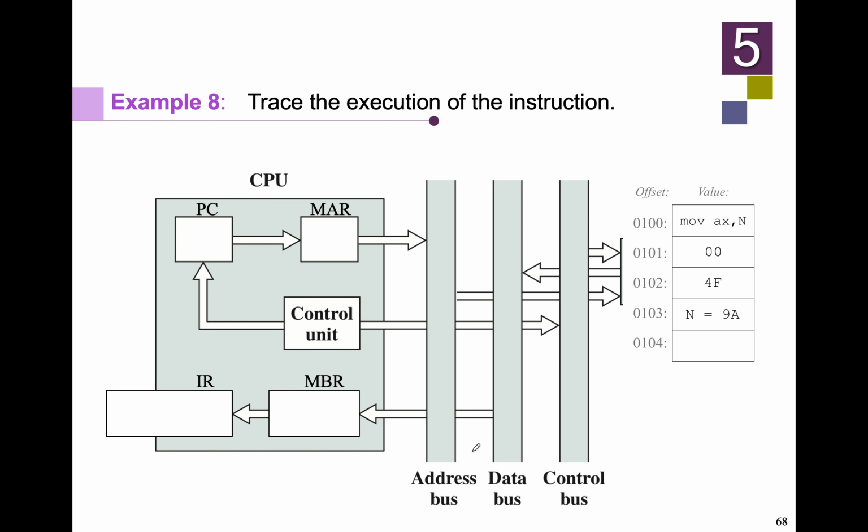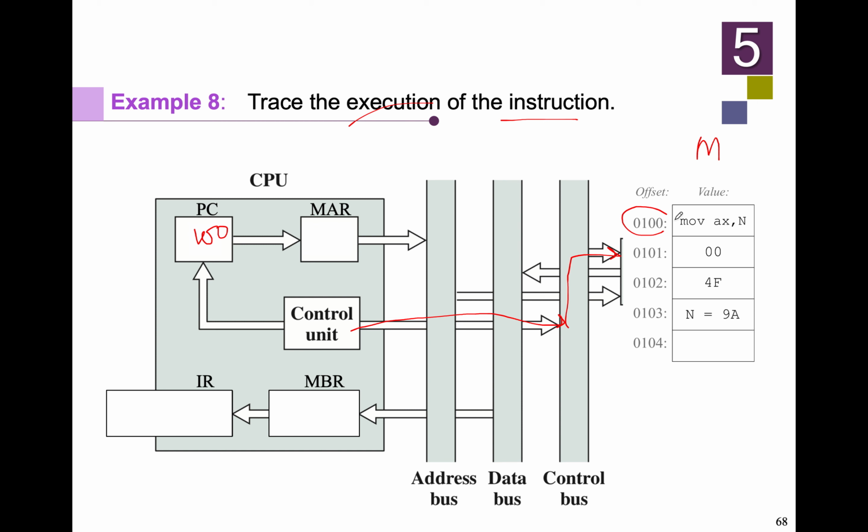And you have another example, trace the execution of the instruction. You can see over here, it gives you a block, but you are given the initial memory. Okay, this is the instructions. So first of all, the control unit will check with your memory, and it starts at 100, starting over here.